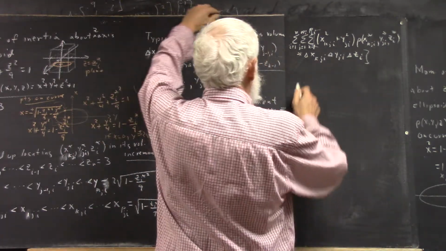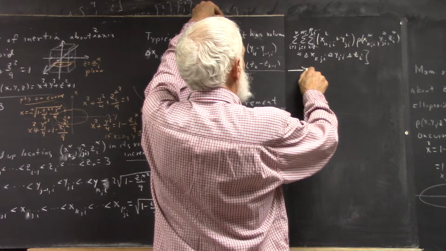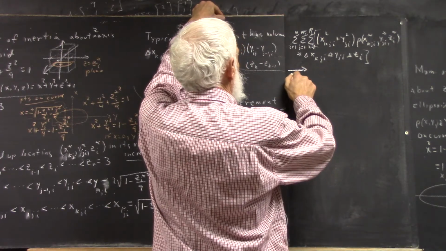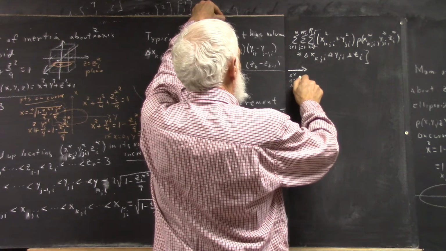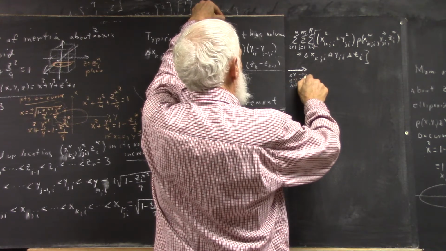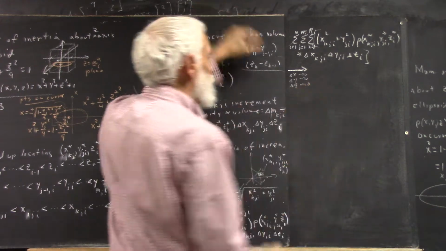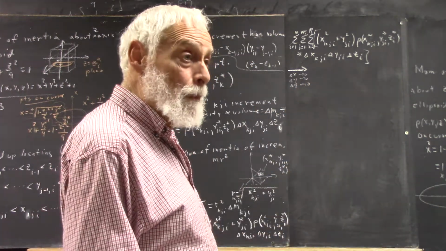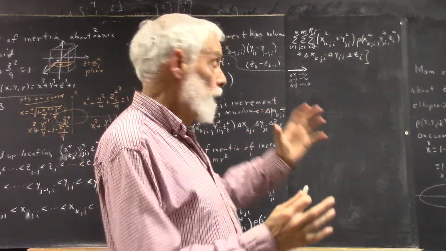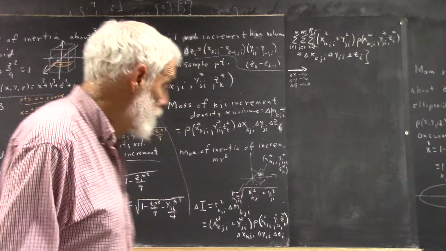Well, this approaches, as your delta x, delta y, and delta z all approach 0, being a little vague about that because the notation gets a little cumbersome. But you understand that all the delta x's, delta y's, and delta z's go to 0.